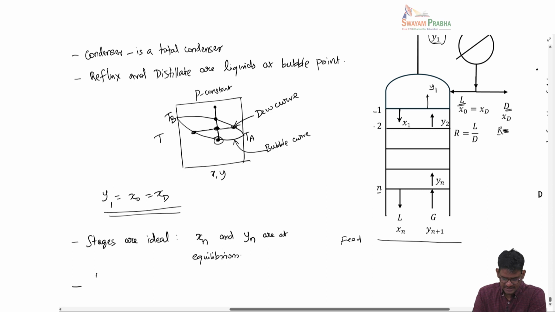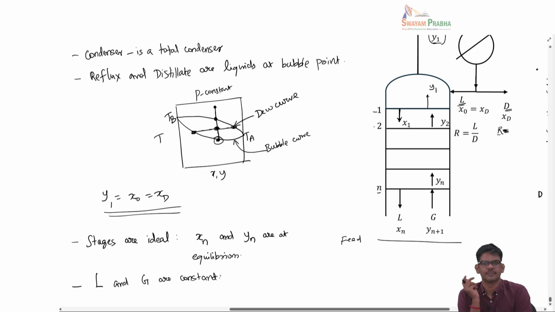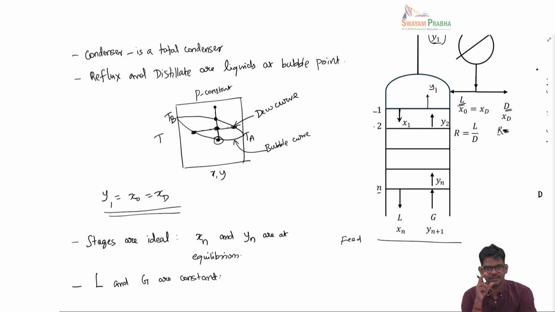Also, we will assume that L and G are constant. So if you look at the enriching section, there is a mass transfer between the vapor and the liquid, and vice versa.